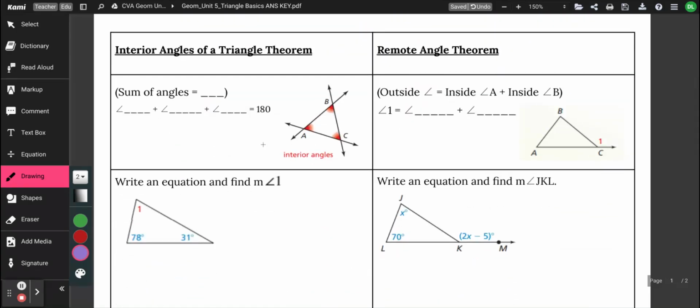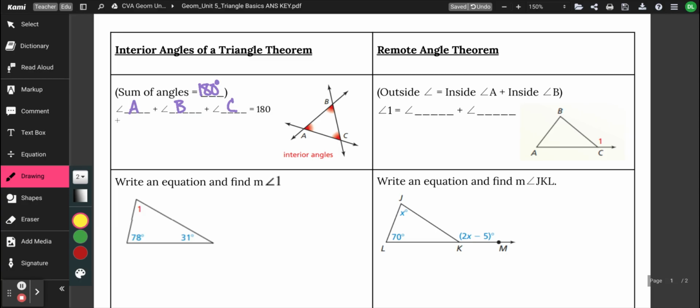Okay, we also remember that the interior angles of a triangle are going to total 180 degrees. Make sure that you're only using the interior angles. So in this case, angle A plus angle B plus angle C would equal 180 degrees.